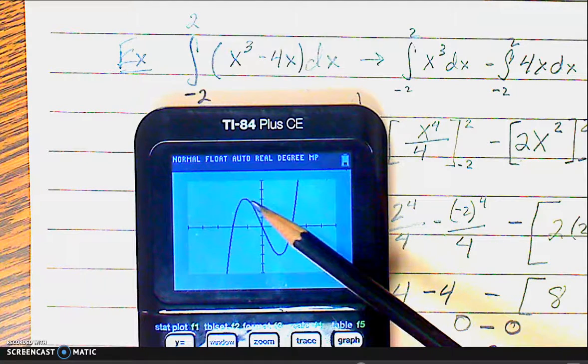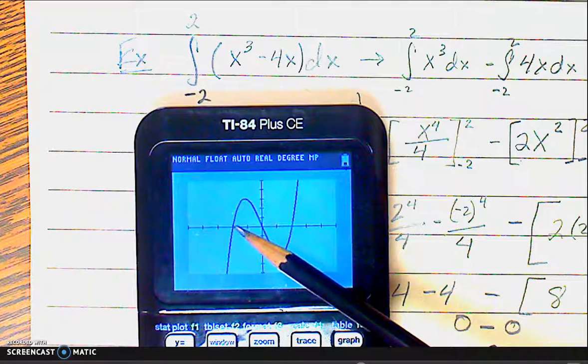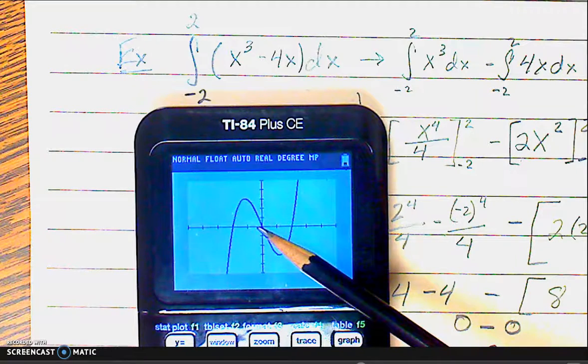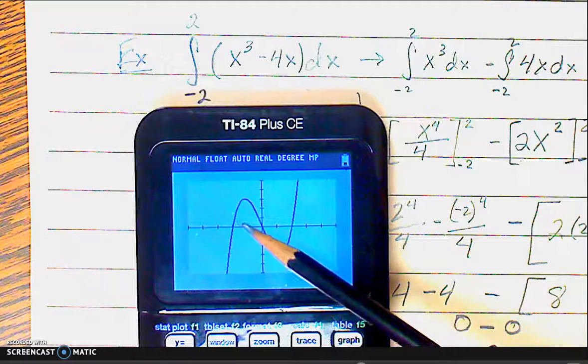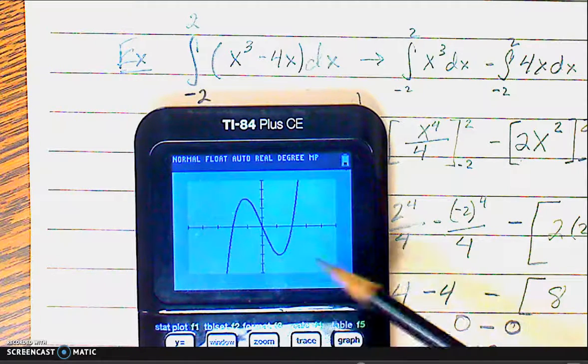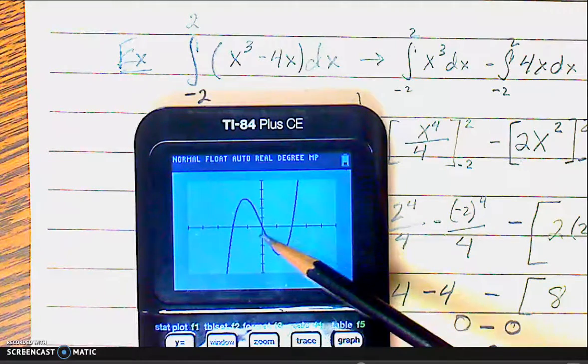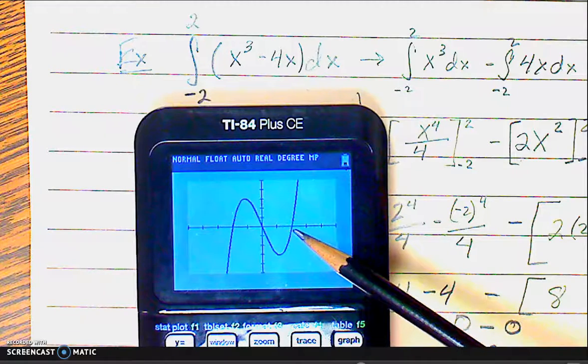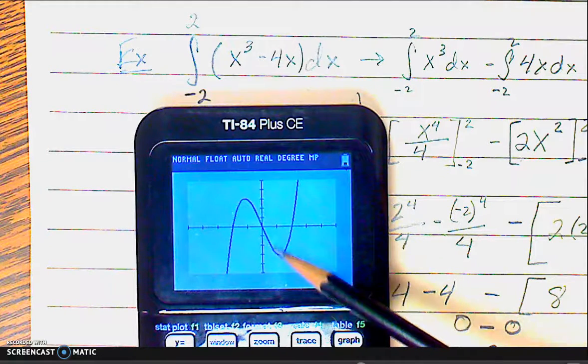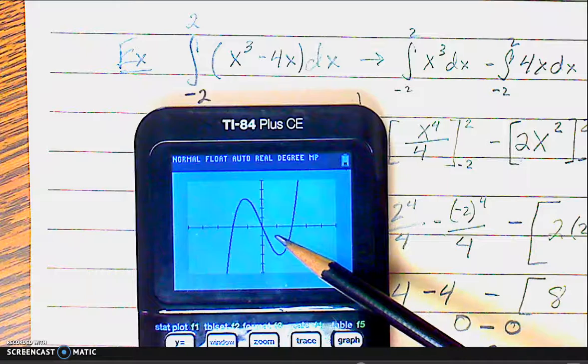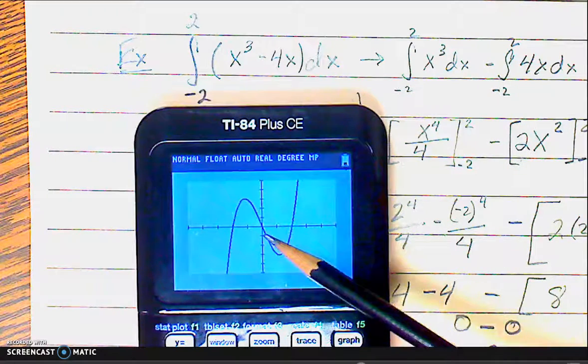So from negative 2 to 0, we're getting positive values for this area. Once we hit 0 and go to positive 2, all this is area that is under the x-axis, so this is actually going to give us a negative.